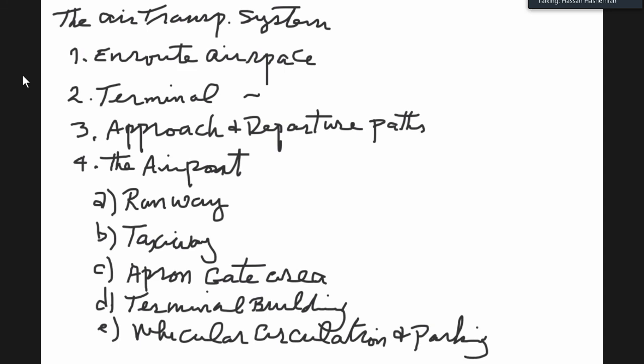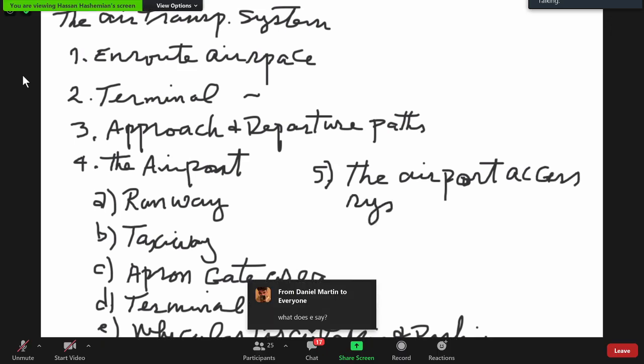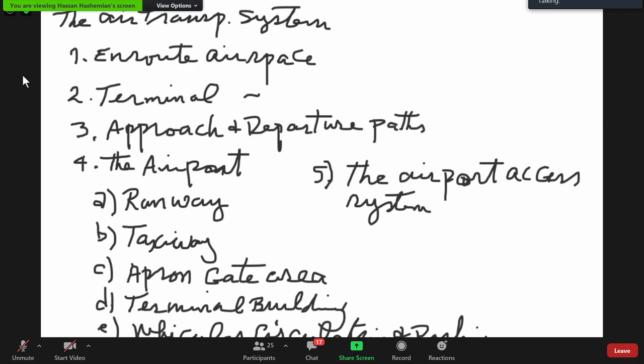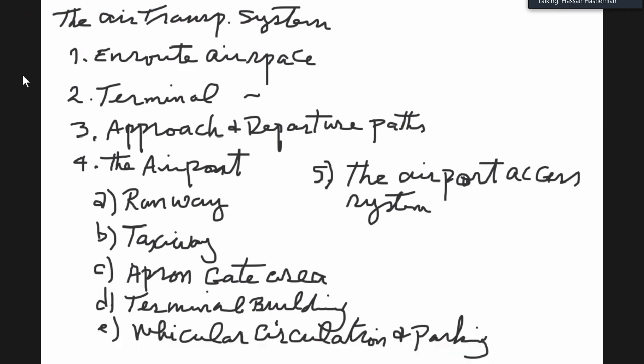Okay, so that's what we have. And in the fifth, we have the airport access system: vehicular circulation and parking. All right, let's go over each of them and see what they are.